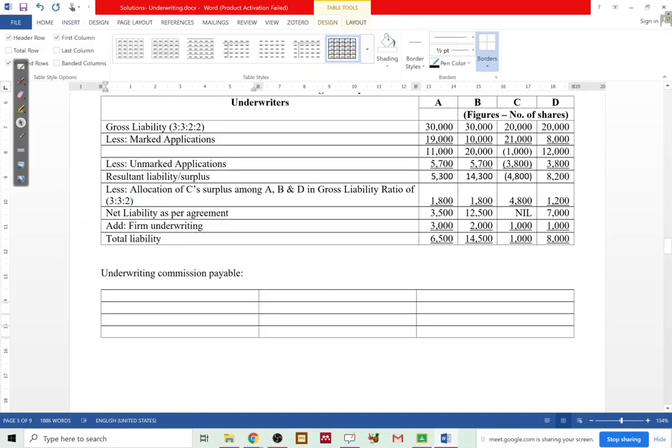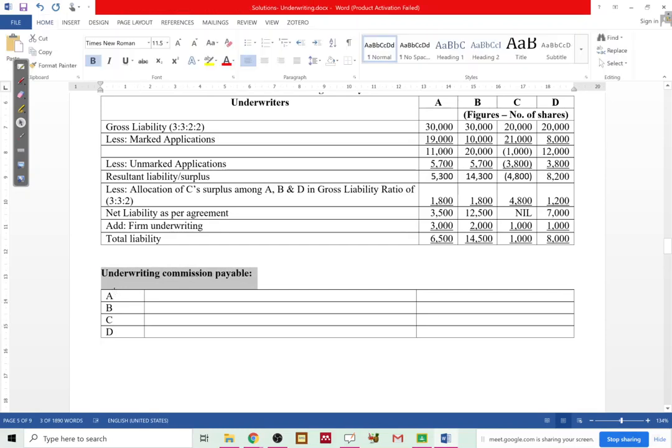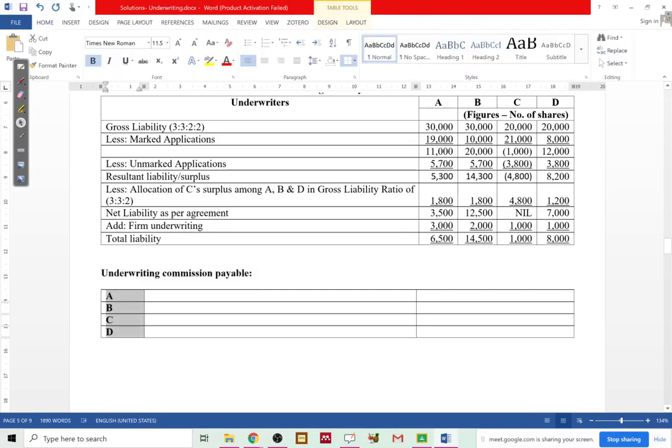So we will write the names of each of the underwriters, A, B, C and D, and calculate what will be the underwriting commission.